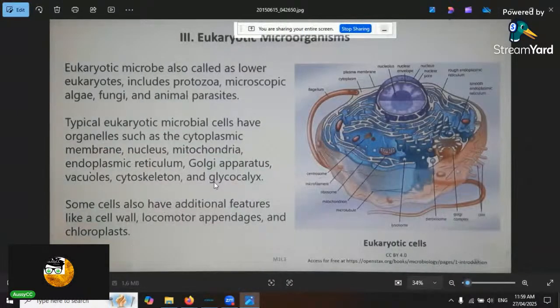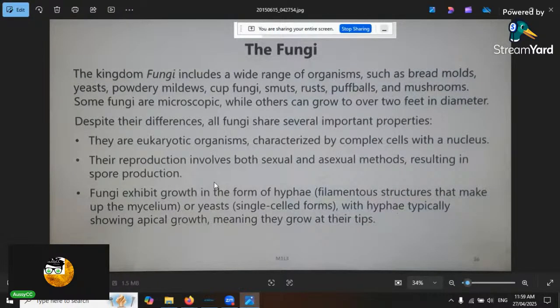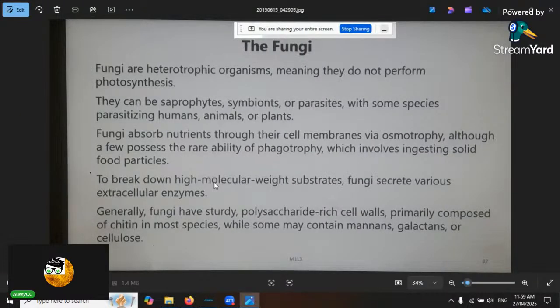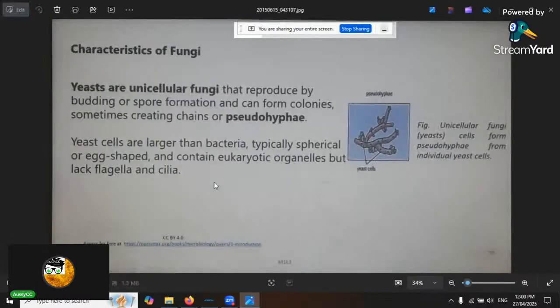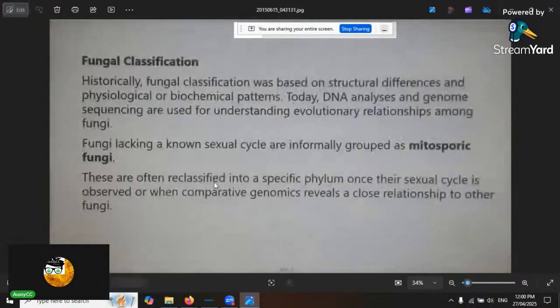Fungi. Septate hyphae and non-septate. Oh, okay. Multicellular forms, which may be septate or non-septate. Cell wall divide lines. Unicellular.